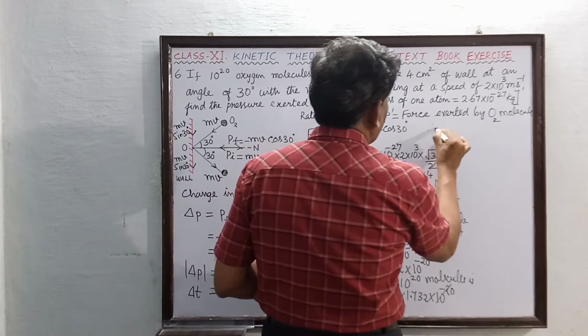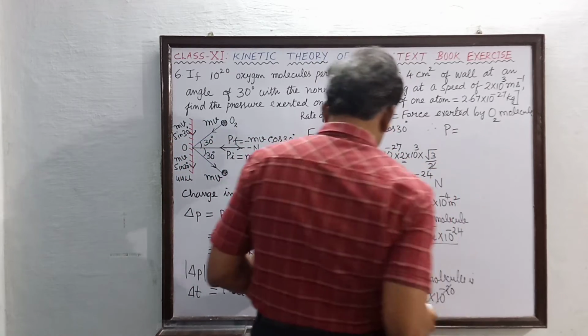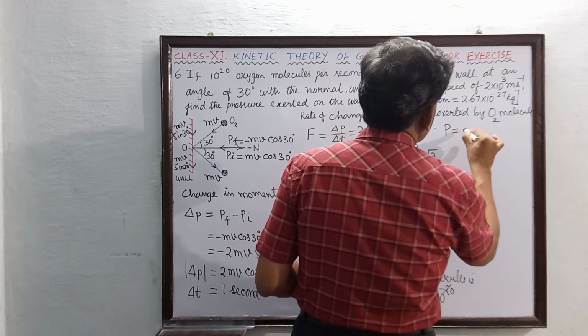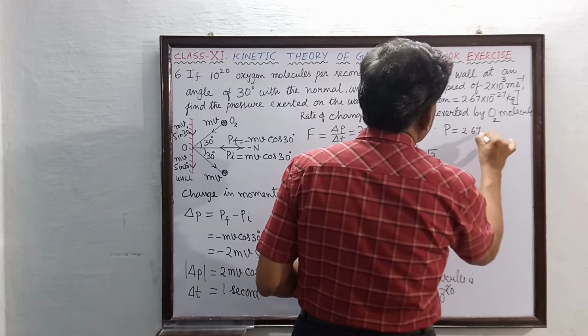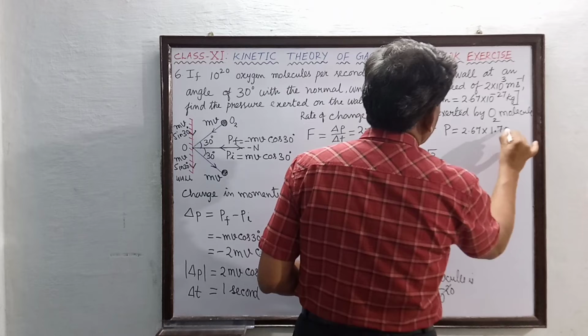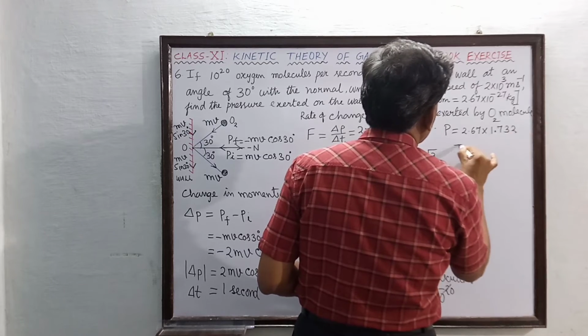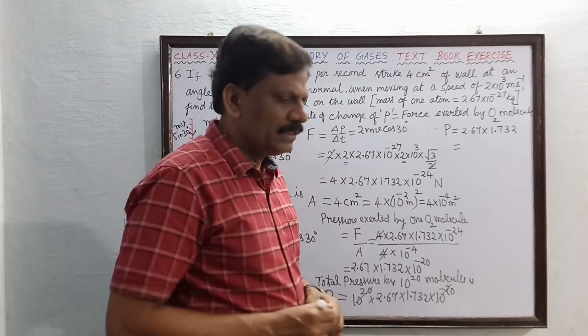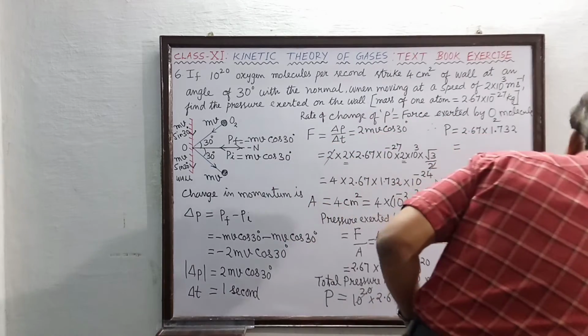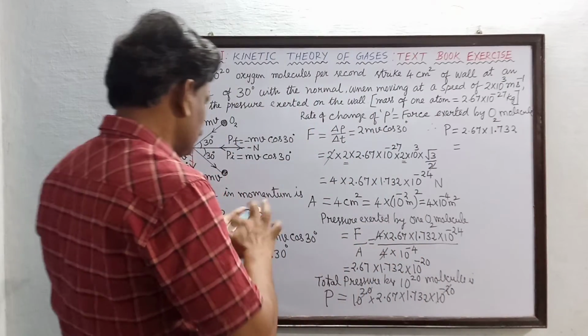Therefore pressure is now equal to 2.67 into 1.732. So I have to multiply these two numbers. I am going to use a calculator. Understand?